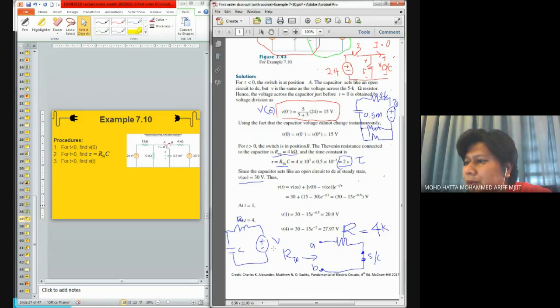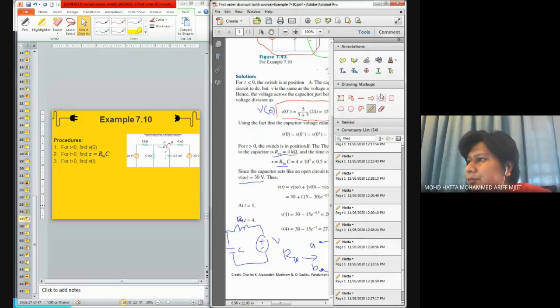If this kind of circuit remains for a long time, meaning you're not cutting out the current supplied to the capacitor, what will happen to the capacitor during the steady state?